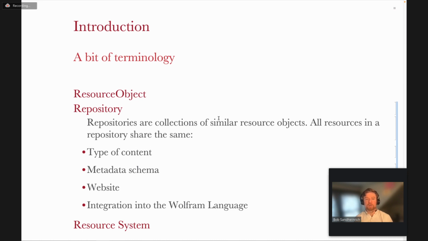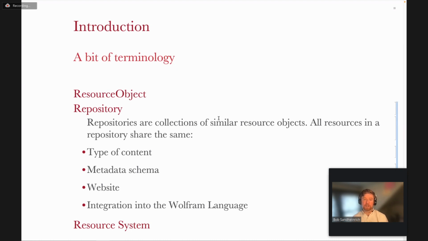And all resources in a repository have a consistent metadata schema. The fields in the metadata for a neural network might be different than for a function, but within one repository, like the Function Repository, all of the metadata is consistent.